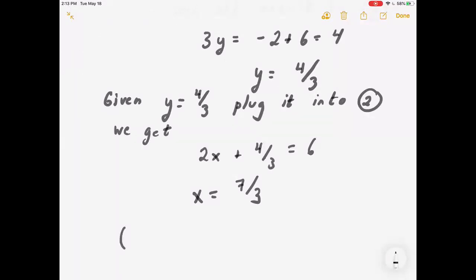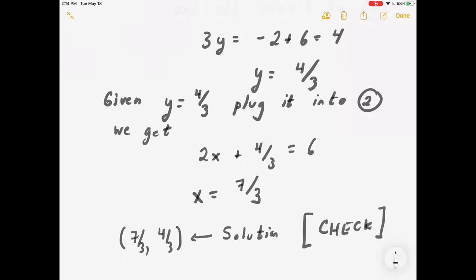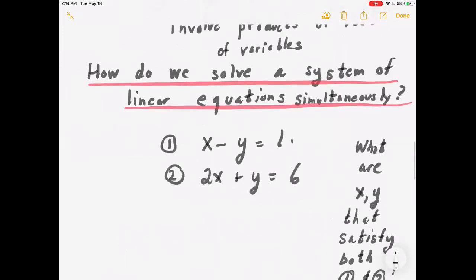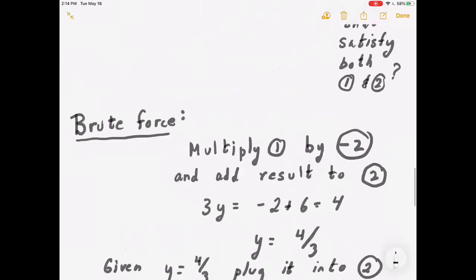So at the end of the day, x is 7/3, y is 4/3, and there is a solution to this problem. And you should check it. You should take these two solutions and plug them into the original equations, 1 and 2, and see that everything is satisfied.